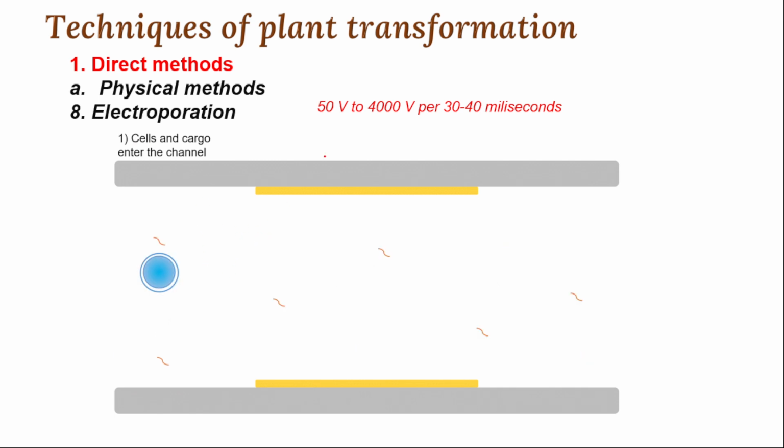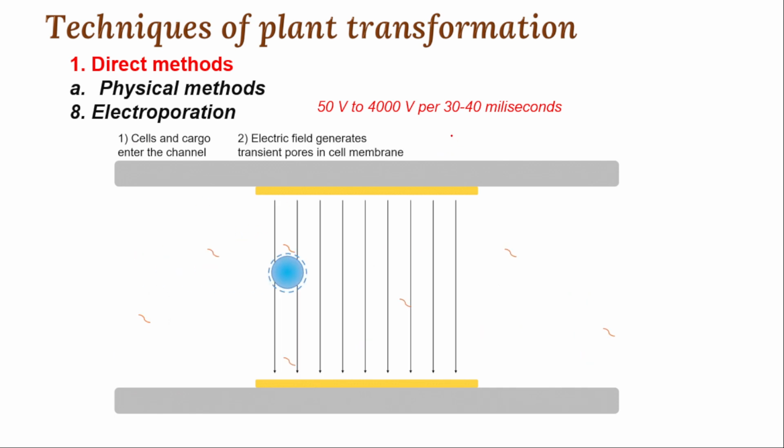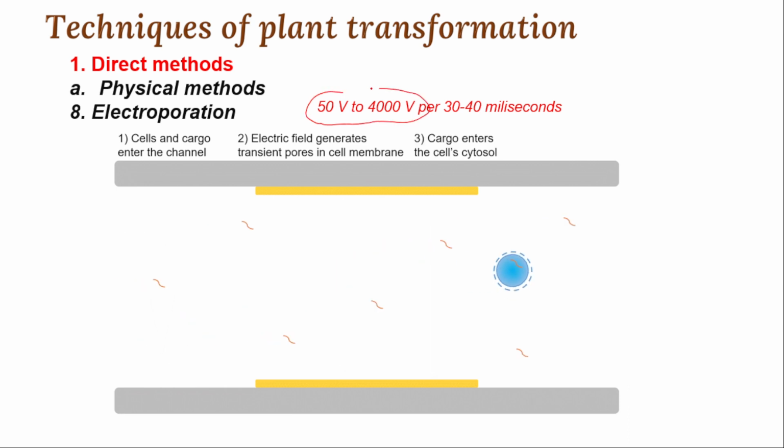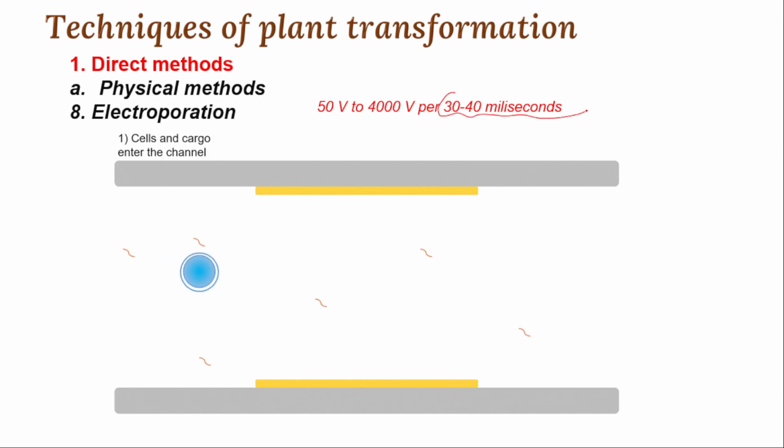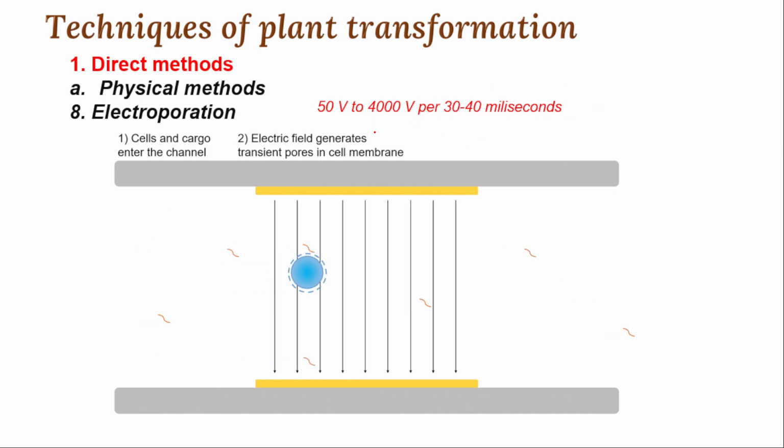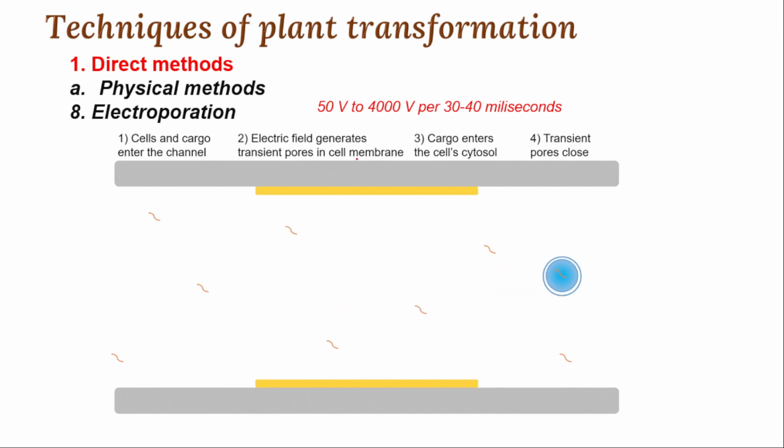The voltage should not be given for a prolonged period. You can observe that we can apply a voltage of 50 to 4000 volts for 30 to 40 milliseconds, not more than that. If you apply that kind of electric field, that creates transient pores on the cell membrane.